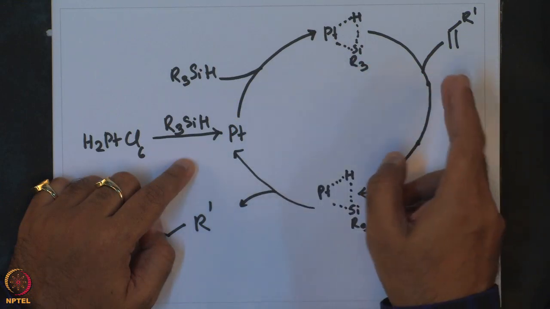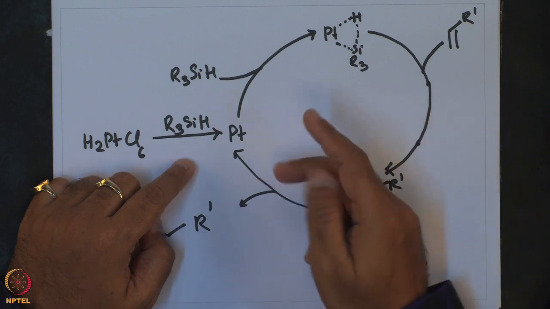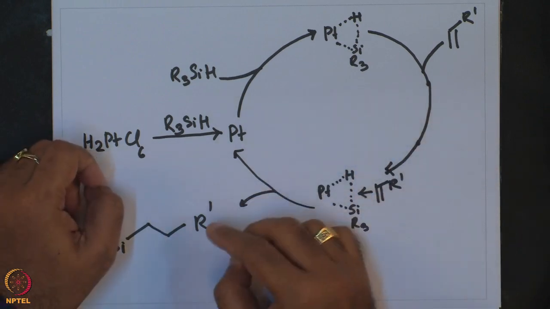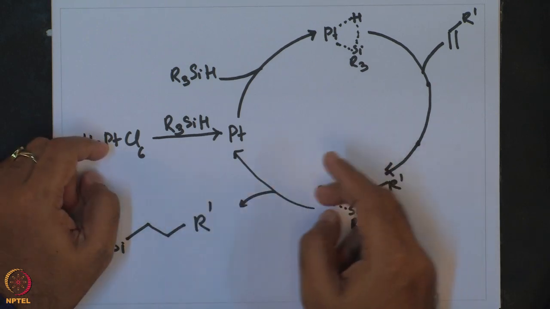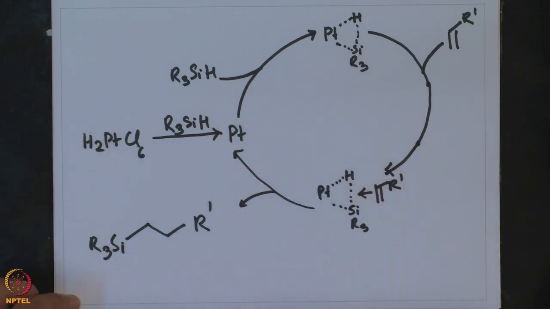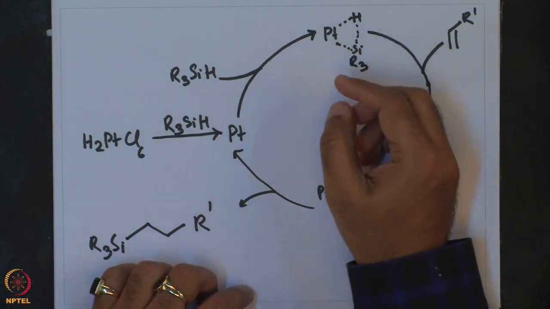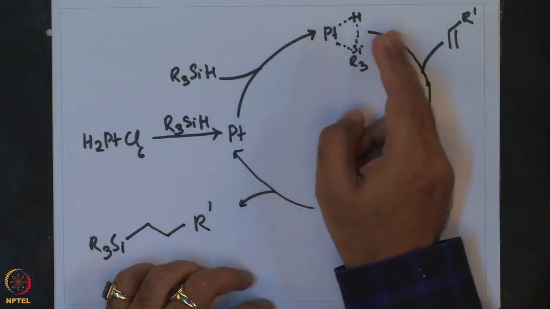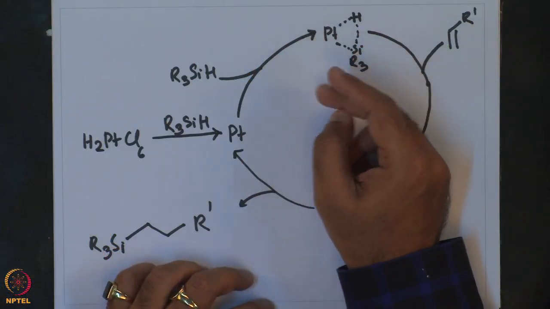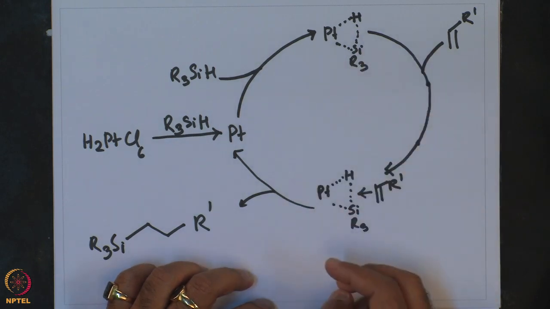The second step involves the attack of the olefin on the sigma complex, leading to the elimination of the product in the third step, which is the silylated alkane, along with the generation of the platinum 0. Now, there is evidence of the formation of the eta 2 coordinated silane complex. This was characterized by Kubas, which gives credibility to this proposed catalytic cycle.